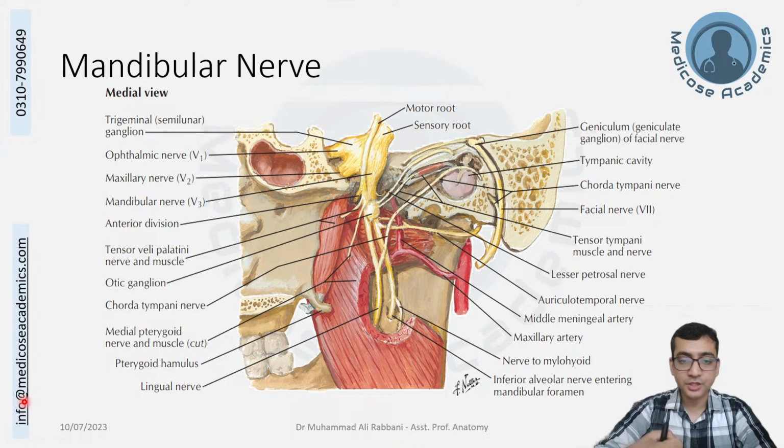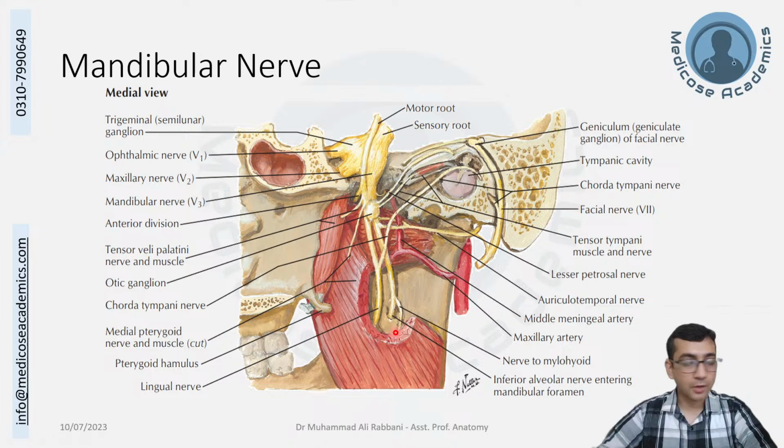Then we talked about the posterior division, that was majorly sensory, having the auriculotemporal nerve going back and above to the front of the ear to supply the parotid, temporomandibular joint and the temporal region. The inferior alveolar nerve going down into the mandibular canal, supplying all of the lower teeth and giving out the mental nerve. But before going so, it was giving out a motor nerve, the mylohyoid nerve, that is shown here.